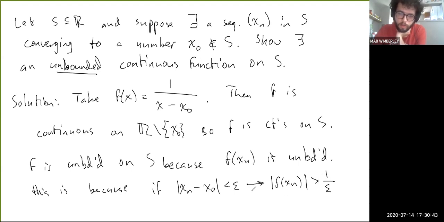I think you can show this. Any questions about that? By taking smaller and smaller epsilons, you can find points xn where the absolute value of f of xn is bigger and bigger.